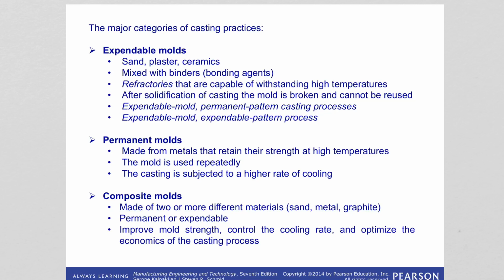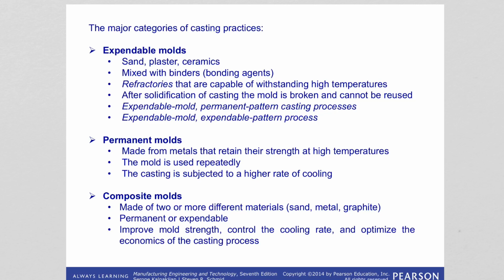If we also need to produce a pattern for each mold during the process, so we don't use the pattern again, that's when we call it expandable mold, expandable pattern process.